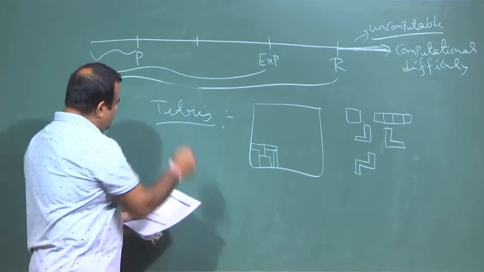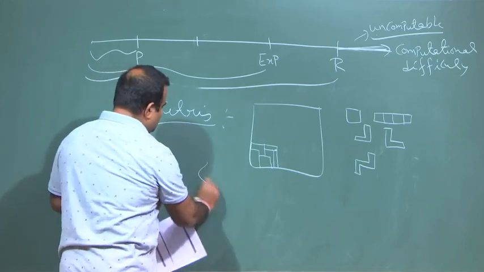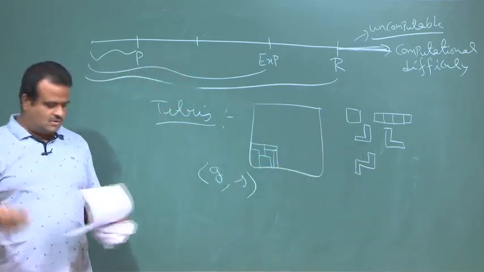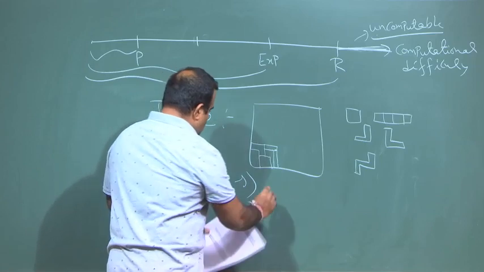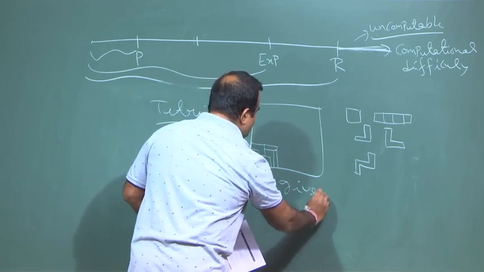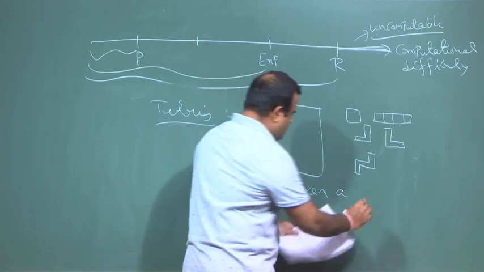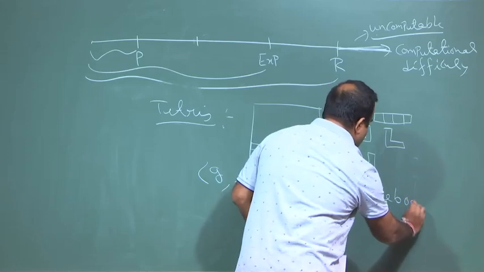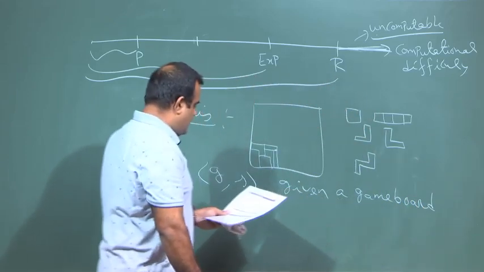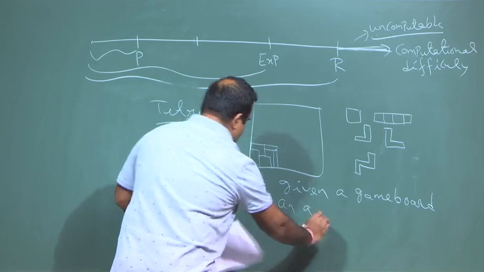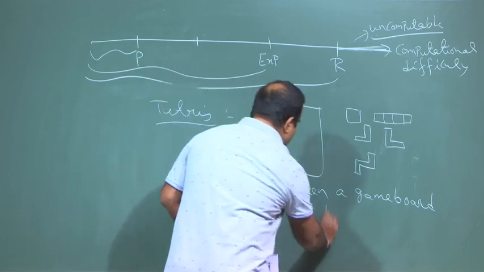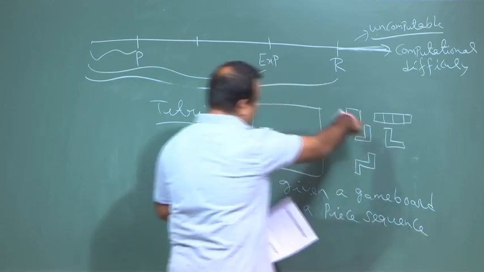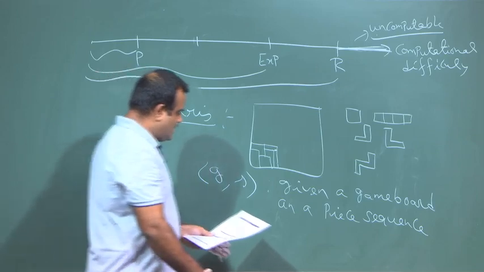So, the Tetris problem is: given G comma S, where S is a sequence of these blocks, given a game board and a sequence of pieces, can we survive?